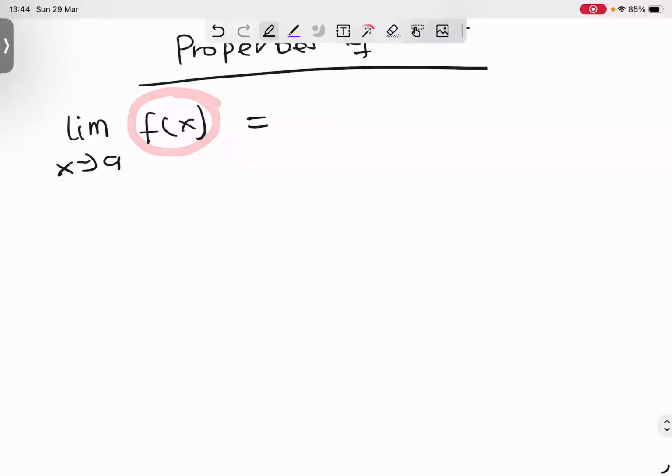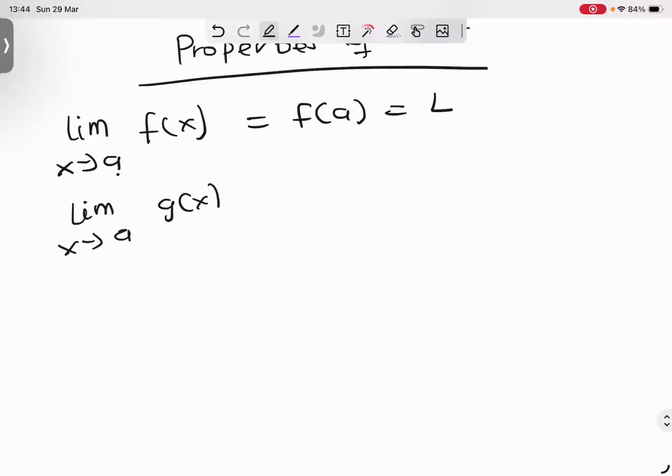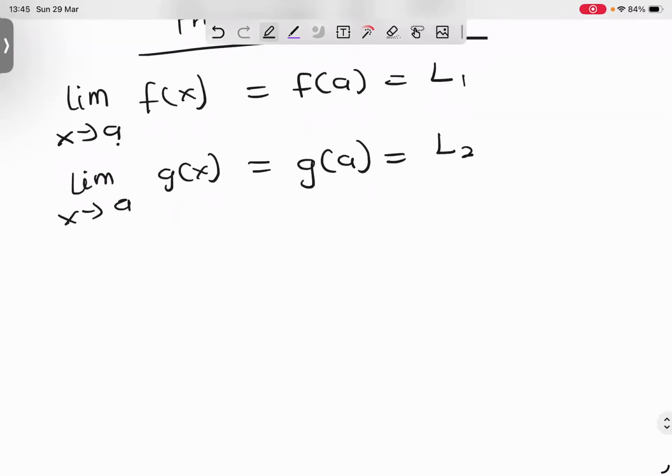This is the same as finding the functional value of f of x at x equal to a, so we write f of a. Let's put this down as L1. If we have a different function, the limit as x approaches a of g of x, then this will be equal to g of a. Let's write this down as L2.